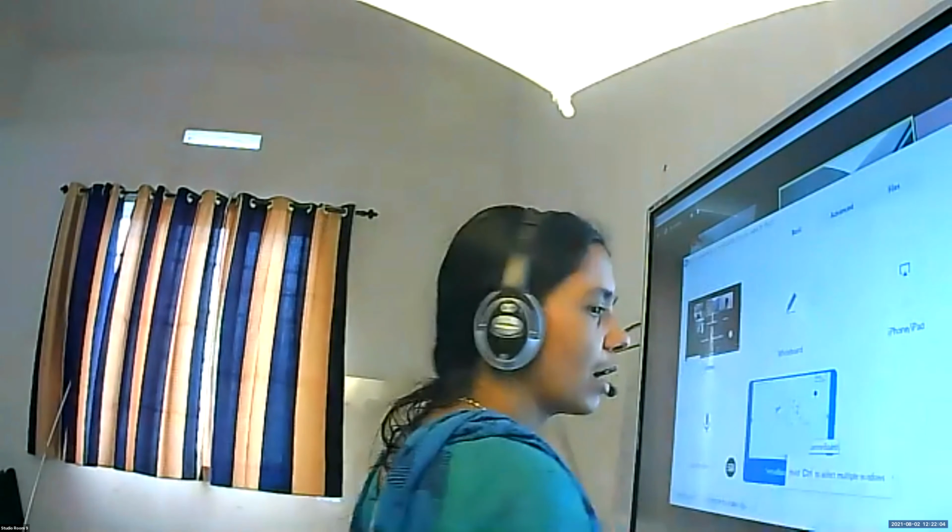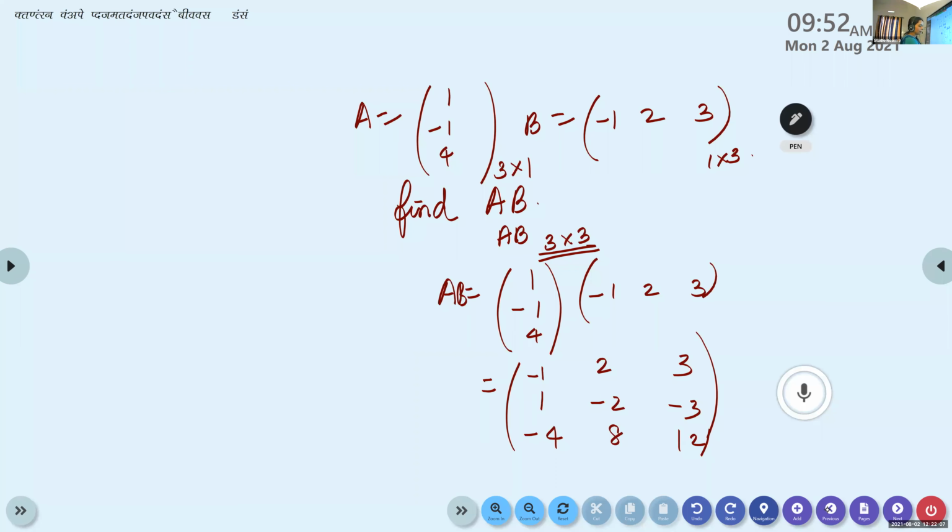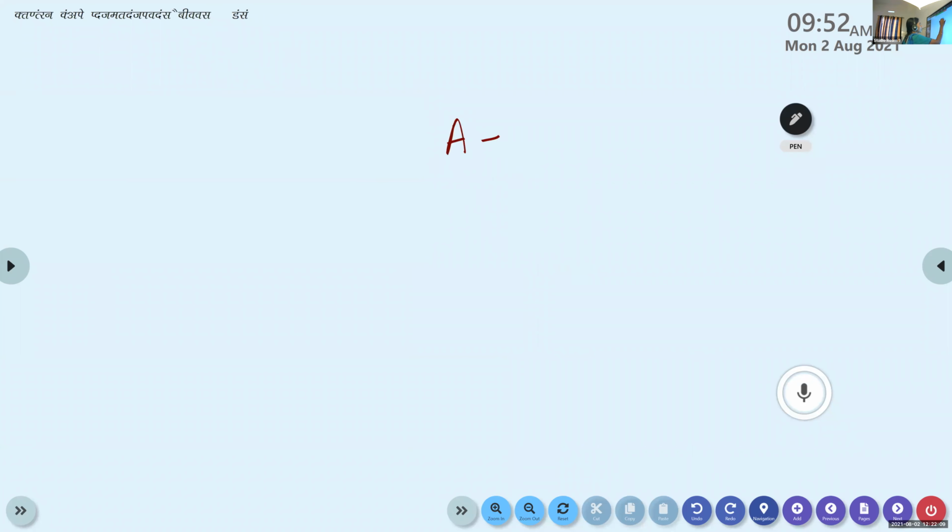Now listen children, another important type of question. If A is a matrix of order n by n and determinant A is, suppose, 5, what will be determinant 2A?